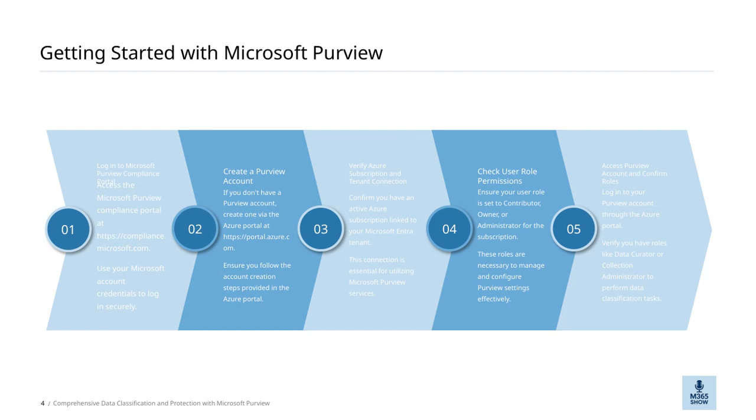Finally, when you access your Purview account via the Azure portal, double-check that your roles include Data Curator or Collection Administrator. These roles are essential for performing data classification tasks, which are at the heart of Purview's purpose. So, ensuring these steps are in place will set a solid foundation for your data governance journey with Microsoft Purview.